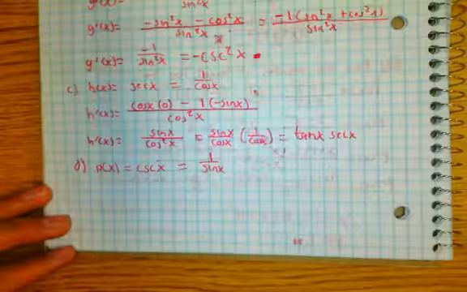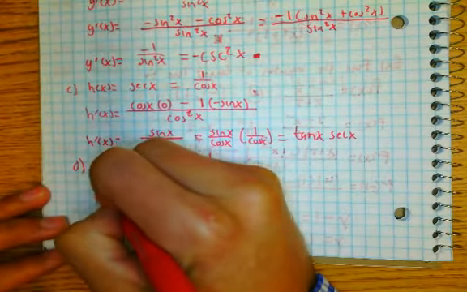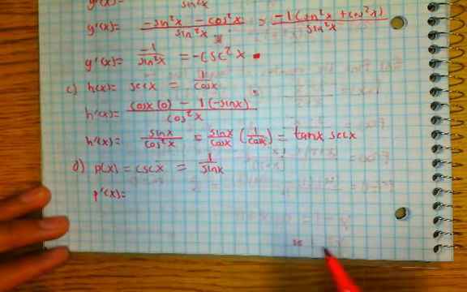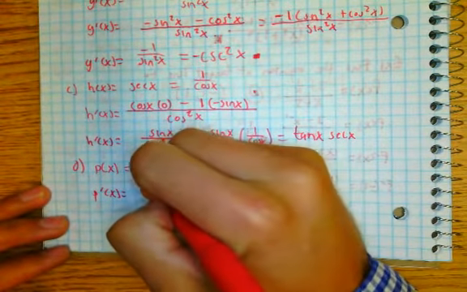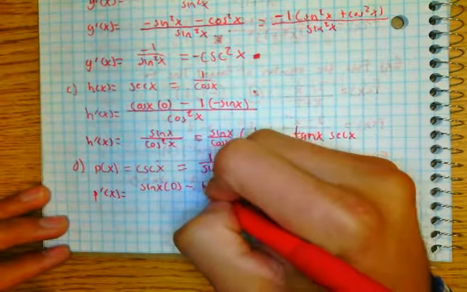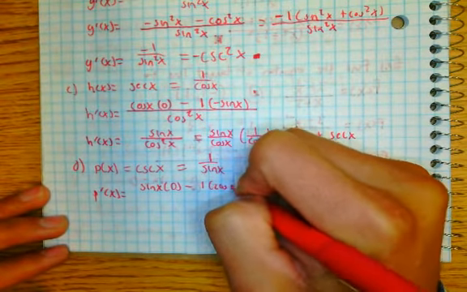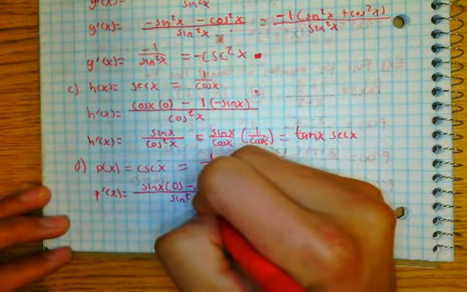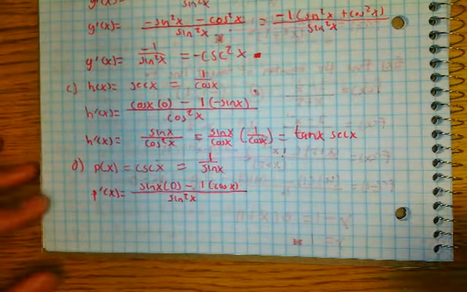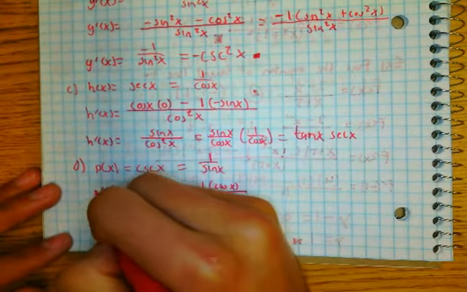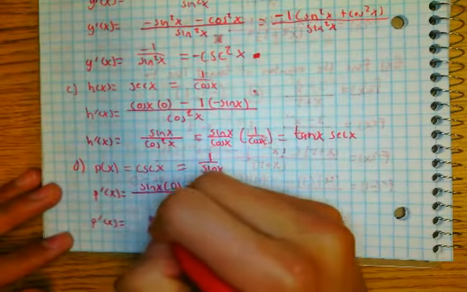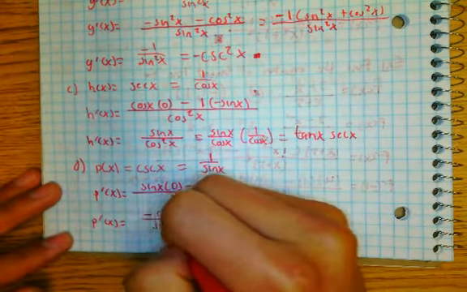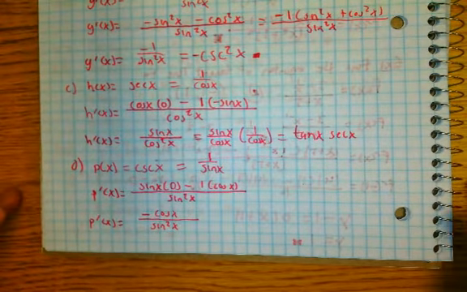At this point, you realize you have negative cosine of x over sine squared x, and we can break that up into negative cosine x over sine x times 1 over sine x, which is technically negative cotangent x times cosecant x.